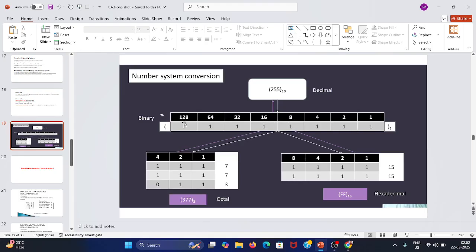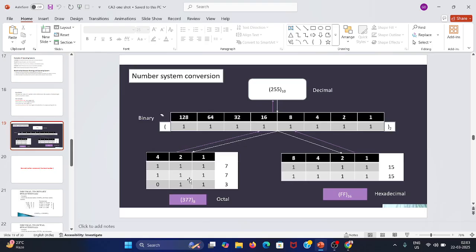As we are shifting that 4-container below that, in the hexadecimal case, 16 is coming under the 1, 32 is coming under the 2, 64 is coming under the 1, and 128 is coming under the 1. Nothing is remaining.